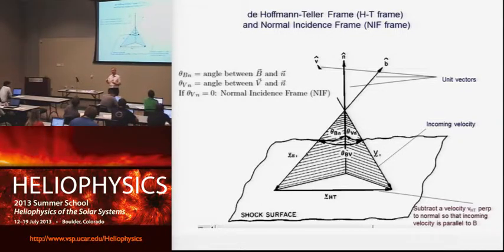In that situation, the motional electric field, which is minus V cross B, is 0. So we can transform into a frame in which the motional electric field is 0. And that becomes very useful when we're considering conservation of energy.